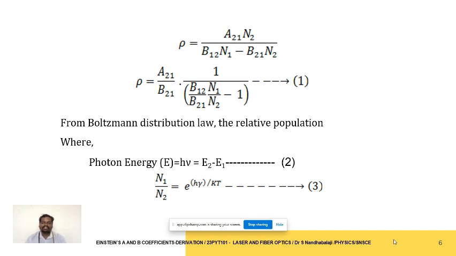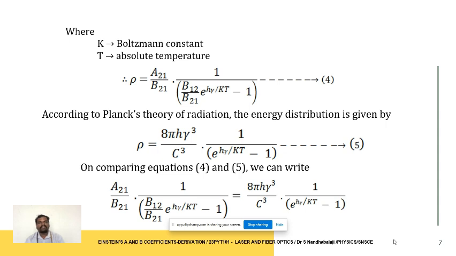This is the Boltzmann distribution law, where k is the Boltzmann constant and T is the absolute temperature. So we substitute into the equation: rho is equal to A21 divided by B21 into 1 divided by B12 divided by B21 e power h nu by kT minus 1.